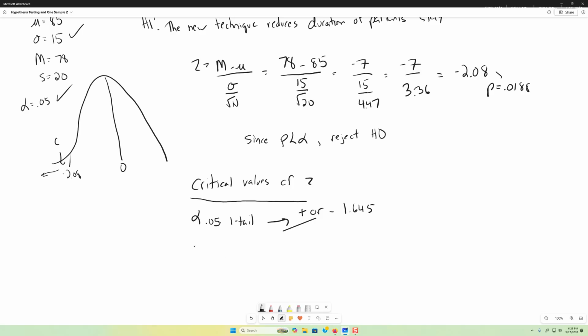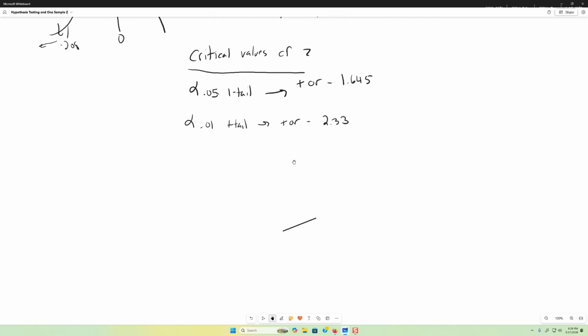Our alpha of 0.01, one tail, is plus or minus 2.33. Now we're going to do it again with 0.05 two-tailed. Two-tail is plus and minus 1.96.